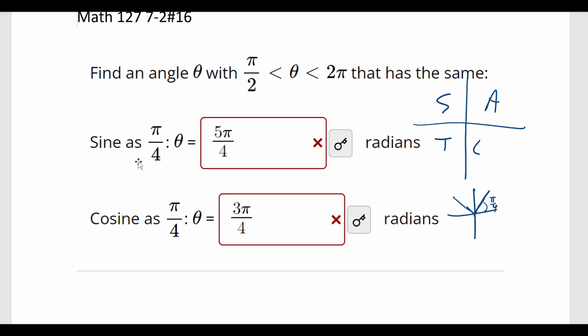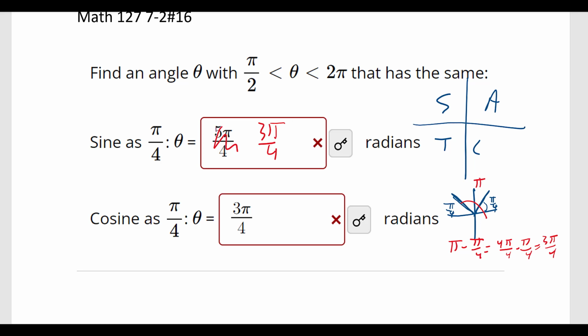Well, it's going to be positive over here. So this is our reference angle over here. So the whole thing is pi. Pi minus pi over 4 is 4 pi over 4 minus pi over 4 is 3 pi over 4. So it would be 3 pi over 4.